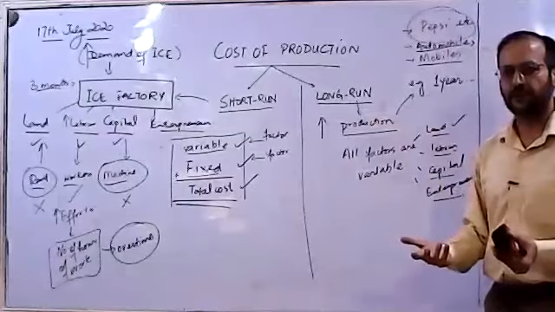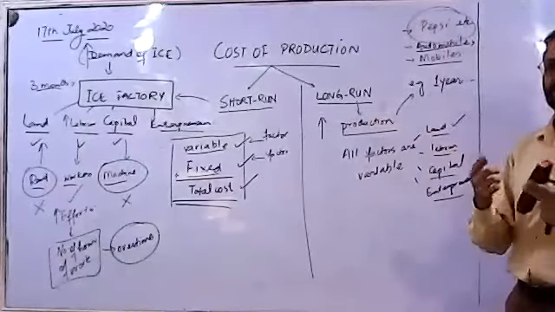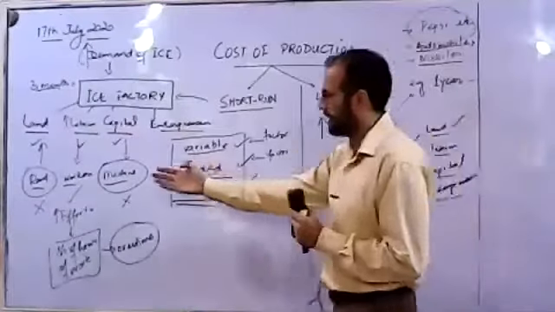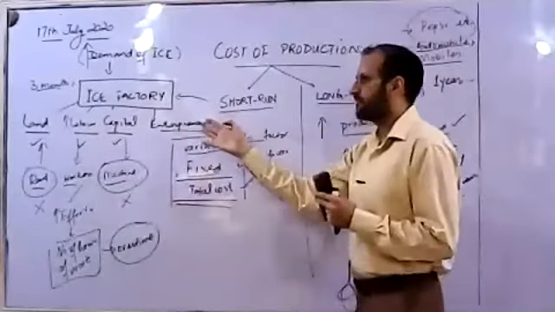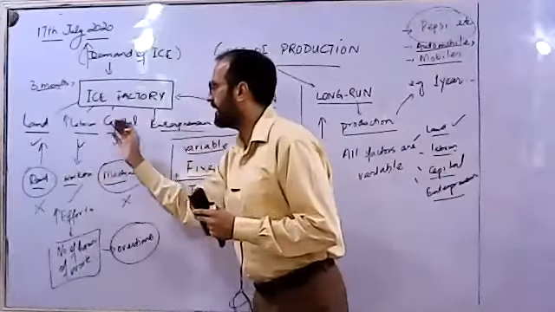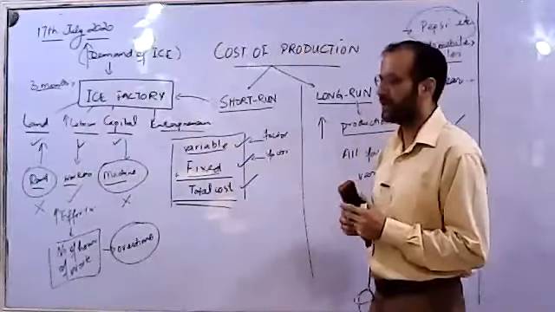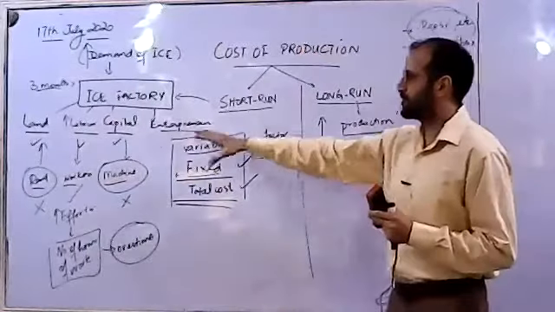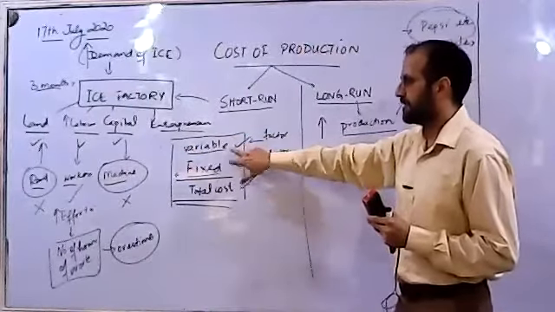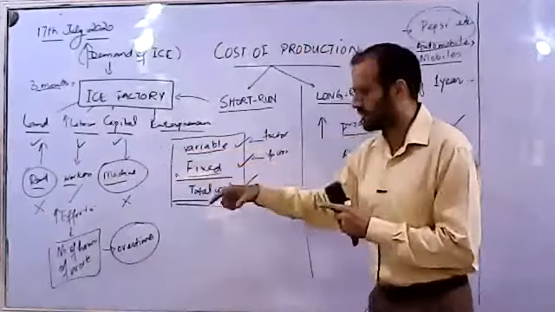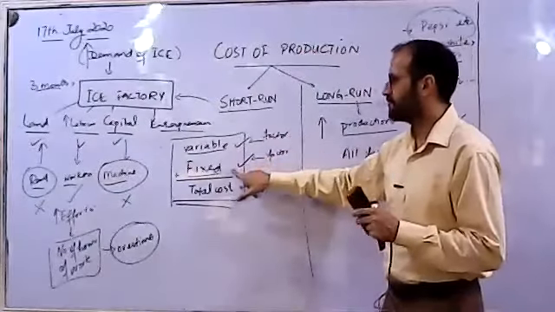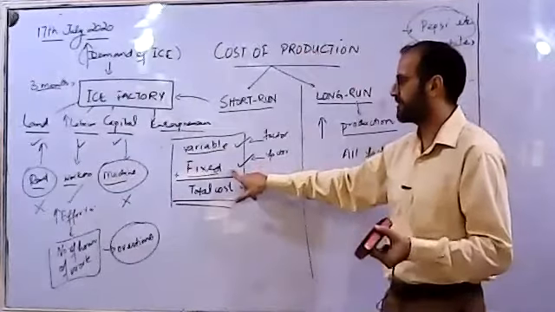While producing, we can vary one factor like labor, but we have to hold constant the other three: land, capital, entrepreneur. So this production function is going to give us two types of cost. The one which is variable, which is changing, is going to give us the variable cost. And the other one, which we cannot change, is the fixed cost.